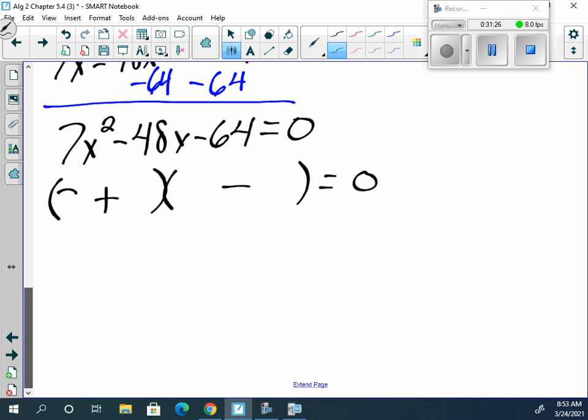So what I'm going to do is keep it away from the negative. I'm not going to put it in the same set of parentheses as the negative, because I know when I do the multiplication that 7x is now going to be multiplied by the negative number, making it bigger. And it works out, the factors of 64 that we want are 8 and 8.